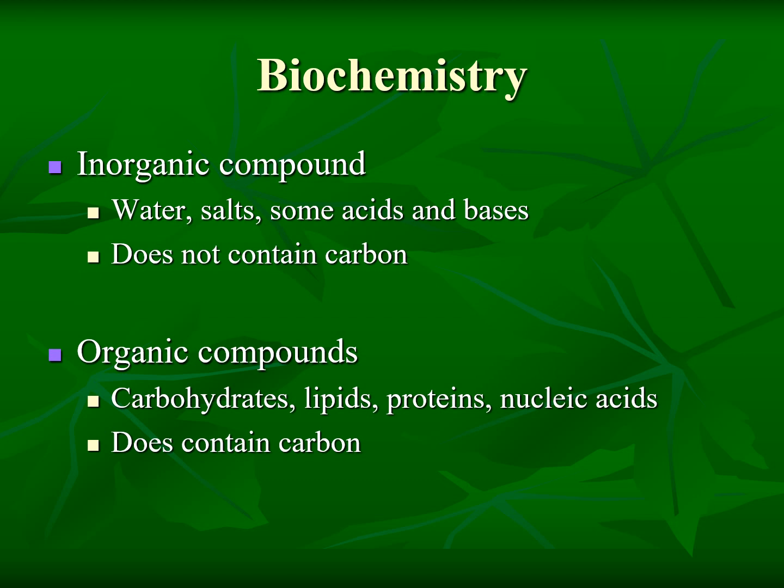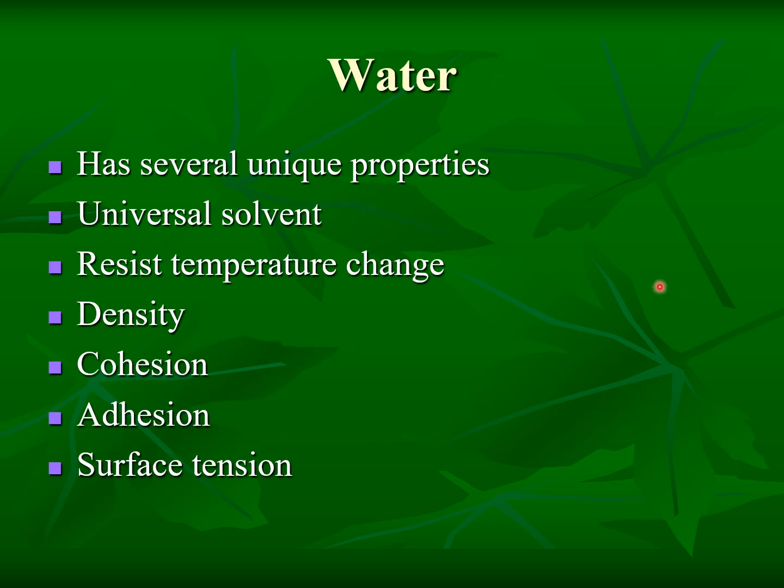Organic compounds will contain carbon, and we're going to be talking about carbohydrates, lipids, proteins, and nucleic acids. Now, when I say inorganic compounds do not contain carbon, there are a few exceptions to that. And so, just be aware of that. But in terms of human anatomy and physiology, most of what we're looking at has carbon in it. It's organic. So we're going to start with the inorganic ones first.